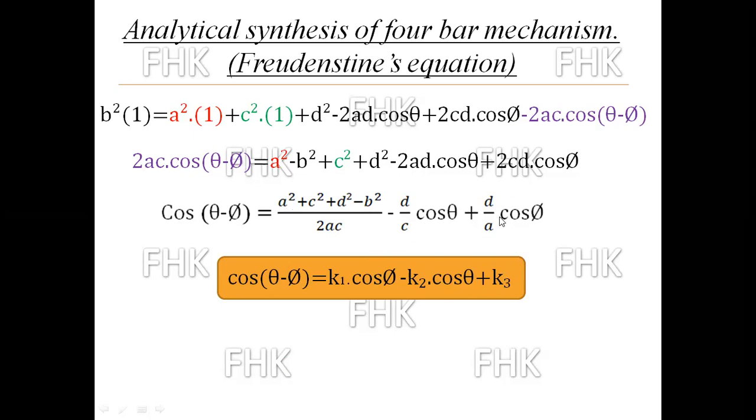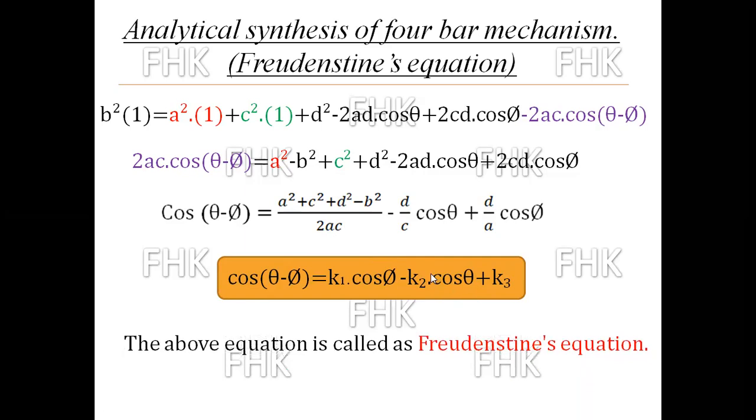So k1 cos phi minus k2 cos theta plus k3, this will be called Freudenstein equation. The above equation is called Freudenstein equation. Cos of the difference of angle of input link minus output link is equal to k1 cos of output link minus k2 cos of input link plus k3.